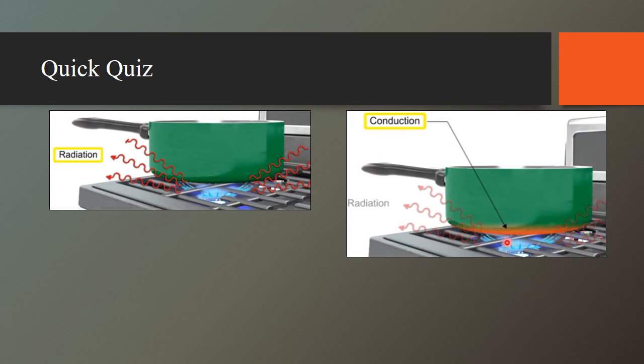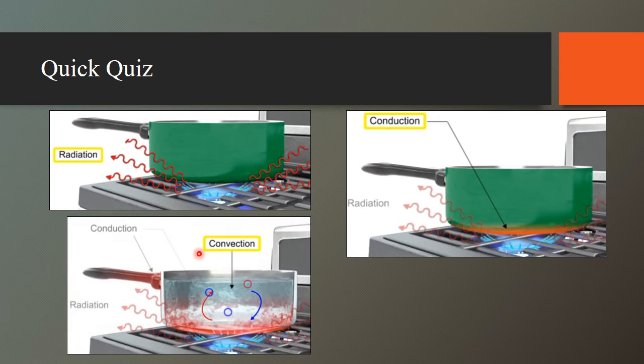Conduction is happening when heat from the stove is transferring through the metal pan. That is a solid, and in solids, heat transfer happens through conduction. Convection is when the layers of water go up and down.